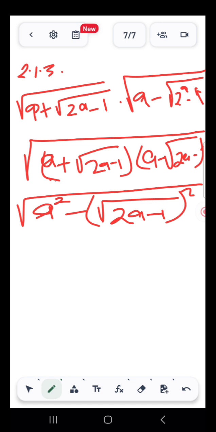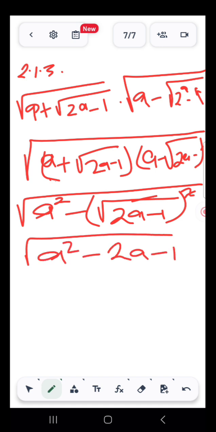Just using the principle of difference of two squares. The square root and the squared cancel. So what will you be remaining with? A squared minus 2a minus 1, in brackets.